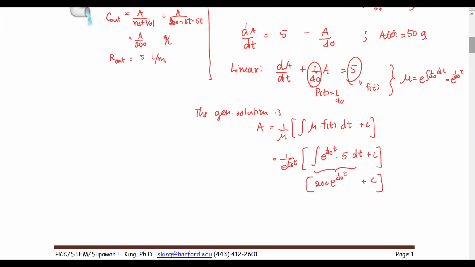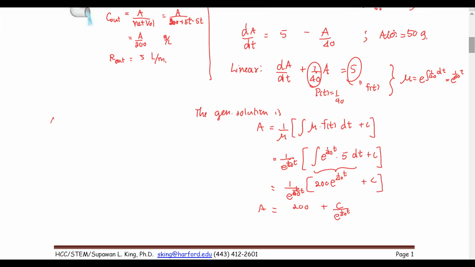And then multiply by 1 over e to the 1 over 40 t. Therefore, we get A equals 200 plus c over e to the power 1 over 40 t as the general solution.